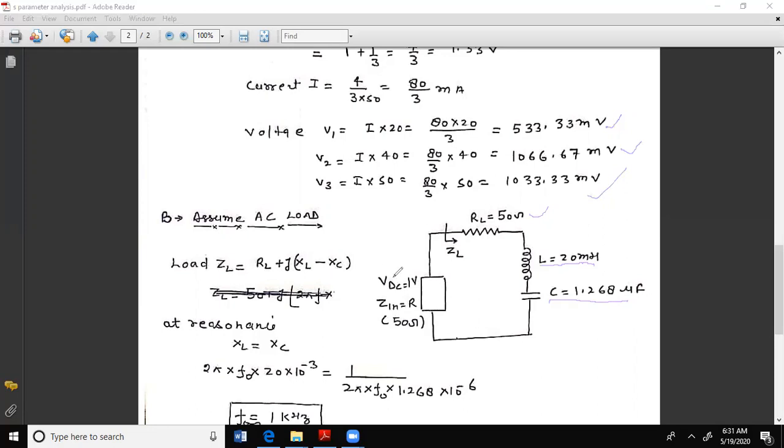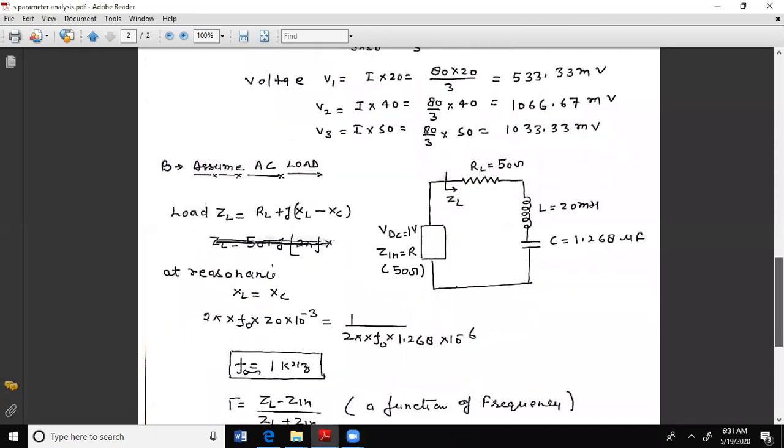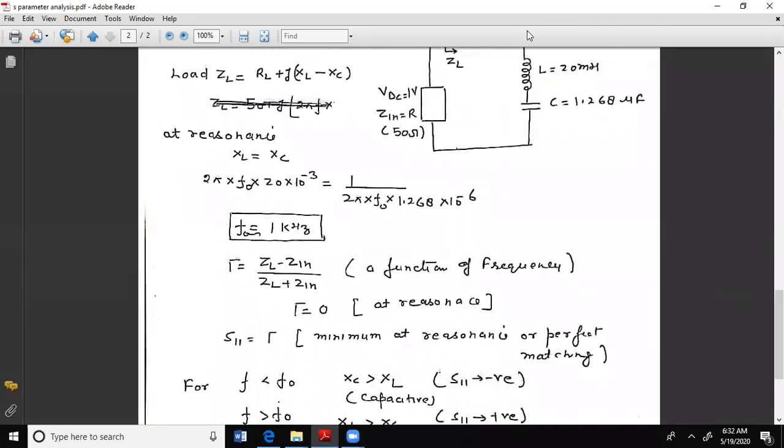Because we have taken the impedance as 50 ohm, perfect matching will occur at the resonance condition. In resonance, XL equals XC, and if we calculate the resonant frequency, its value is 1 kilohertz.